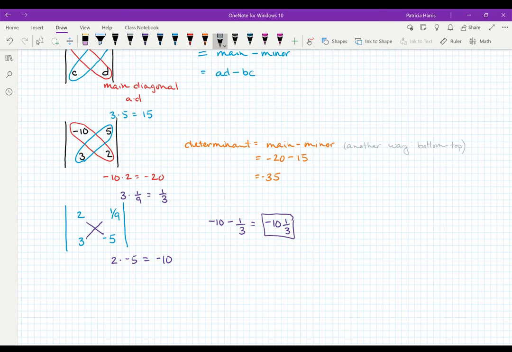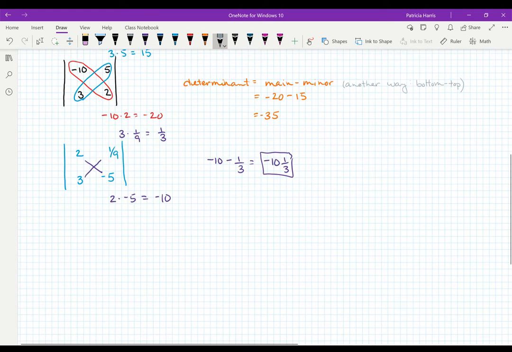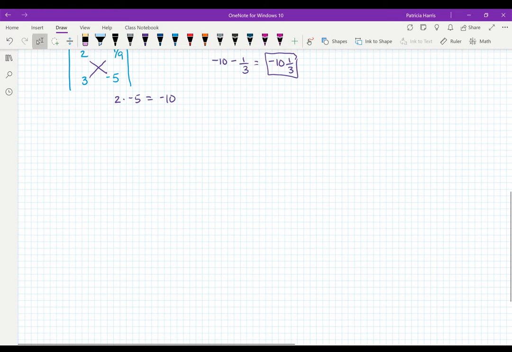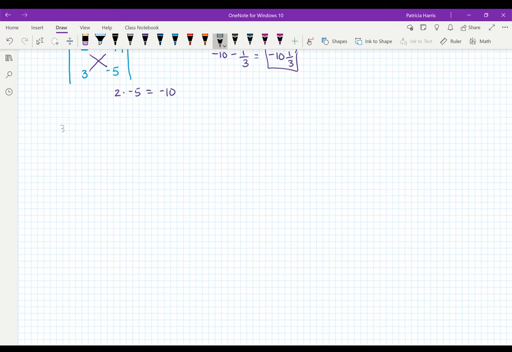Okay, let's talk about 3x3. Now, unfortunately, with a 3x3, we can't really just crisscross it like a 2x2. So it does take a little bit of prep work. So this is going to be a little confusing just because of how we have to do it.